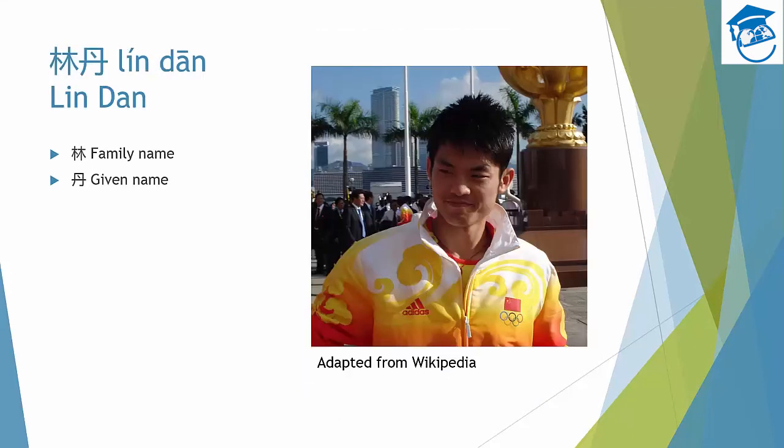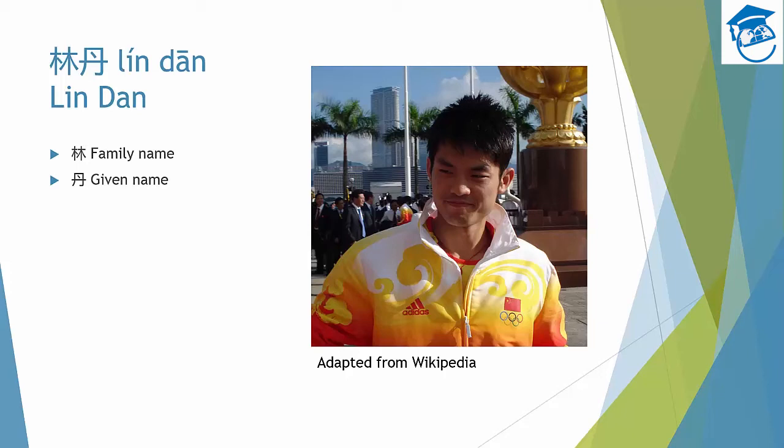But the next one, his name is Lin Dan. In case you don't know, he is a badminton player from China. In English, he is known as Lin Dan, if you really want to make his name English. As you can see, his family name is placed first, same as his Chinese name.